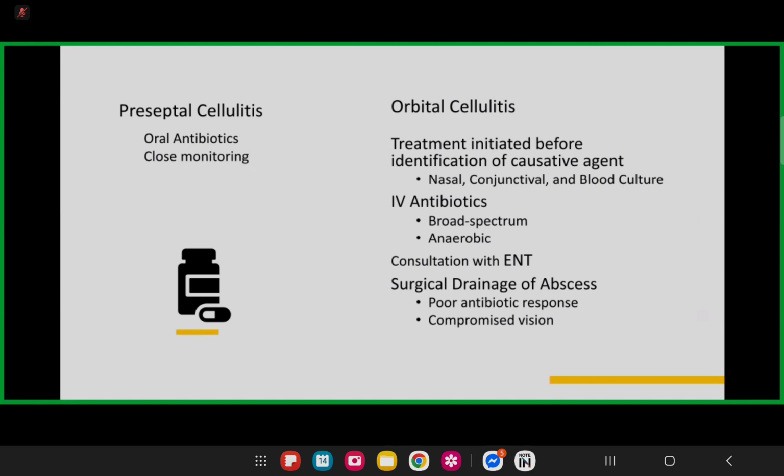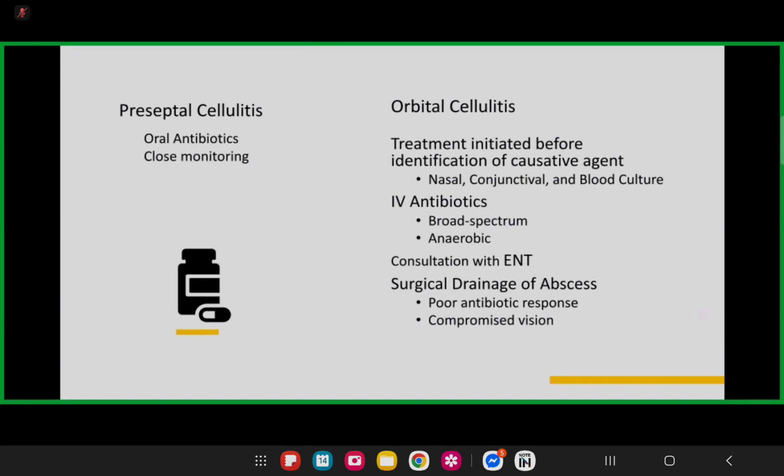We can often get nasal, conjunctival, and blood cultures to help us clinch the etiology. But even while waiting for the results, broad spectrum antibiotics should be given. Often, these patients are admitted for IV antibiotics to give broad spectrum and anaerobic coverage, because you don't want the infection to spread through the cavernous sinus and affect both eyes.